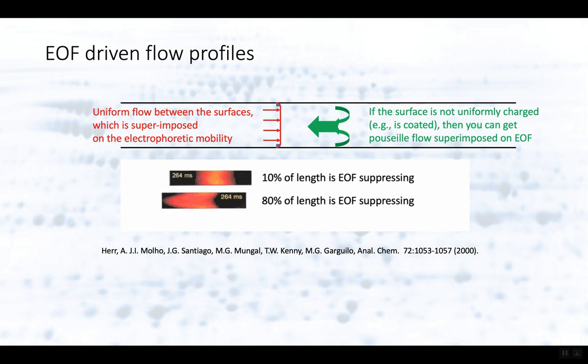And that destroys your separation. So when you start using coatings to alter the EOF, you have to worry about the uniformity of those coatings. There are some good ones out there. The Eotrol and Ultratrol line are the ones that I used to manufacture, and I believe those were still available as of this point.